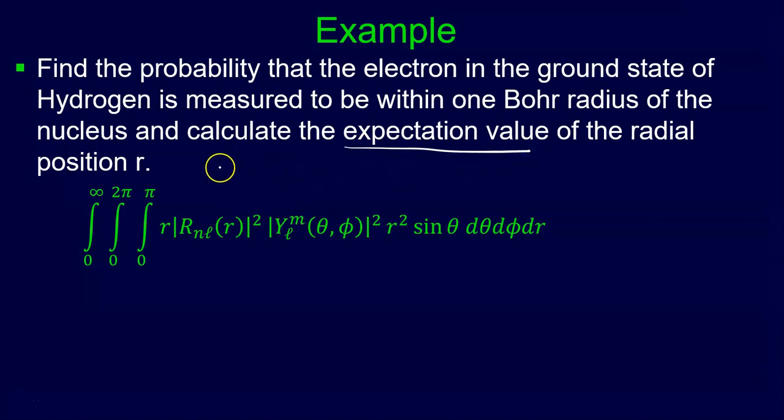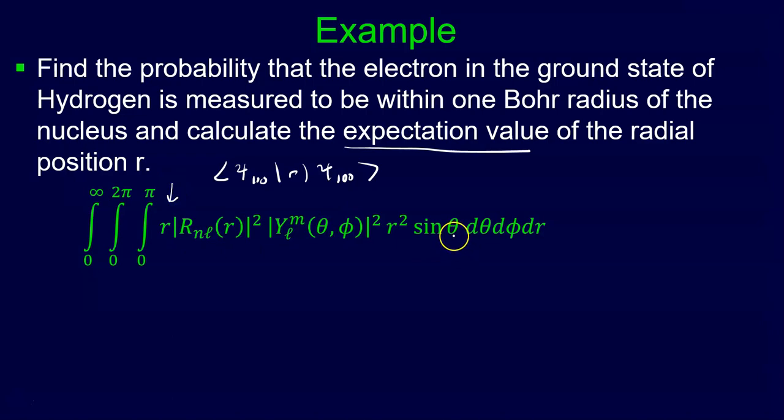The other kind of calculation you can do is finding expectation values. Here we'd be calculating psi 100 with an r sandwiched between the two psi 100s, so we're just adding an extra factor of r.